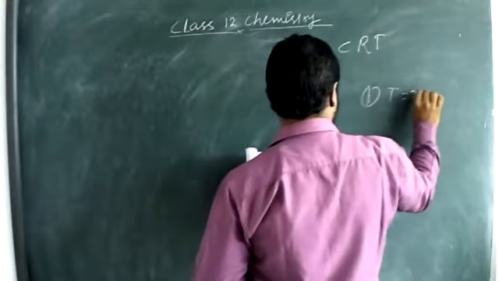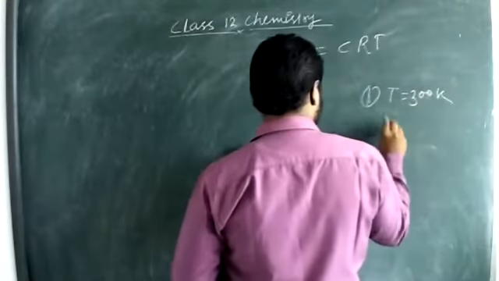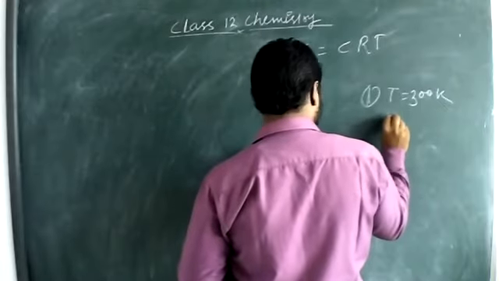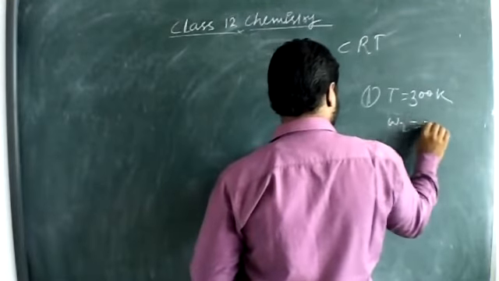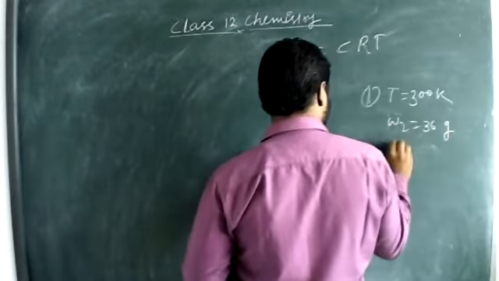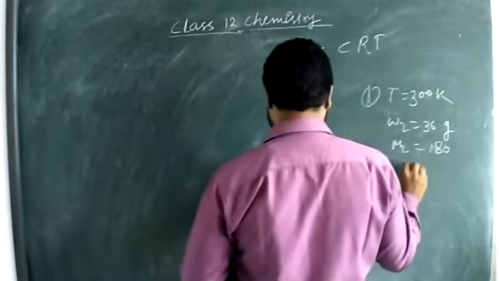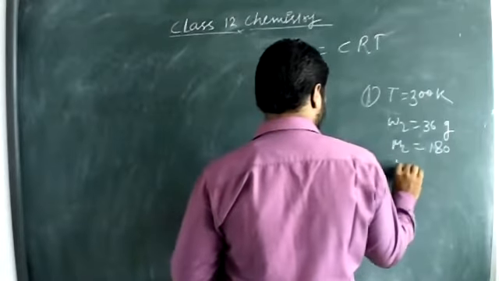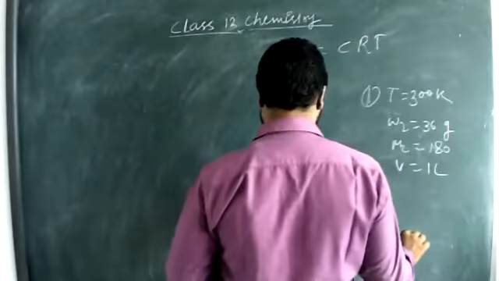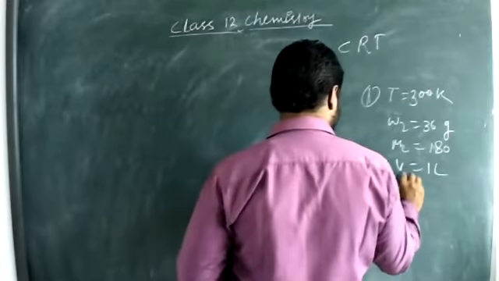Temperature 300 Kelvin, 36 gram W2 of glucose, you can calculate the molar mass. Volume is one liter and osmotic pressure is also given.